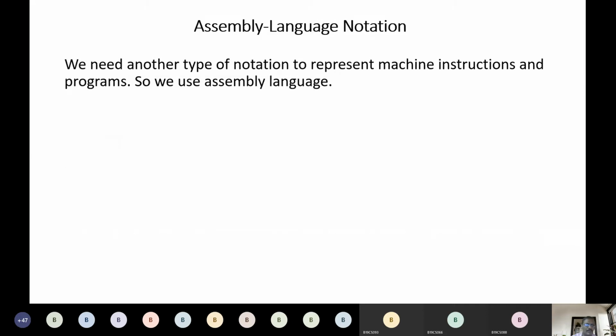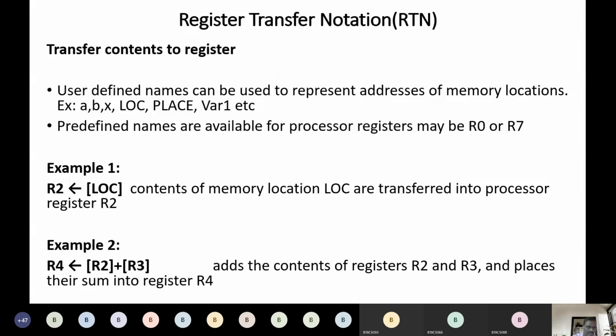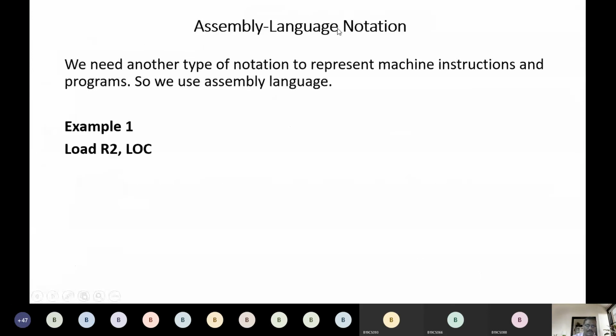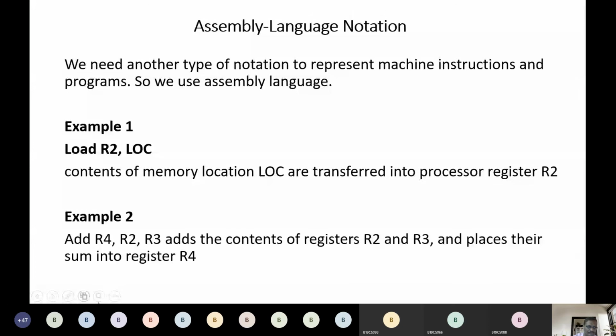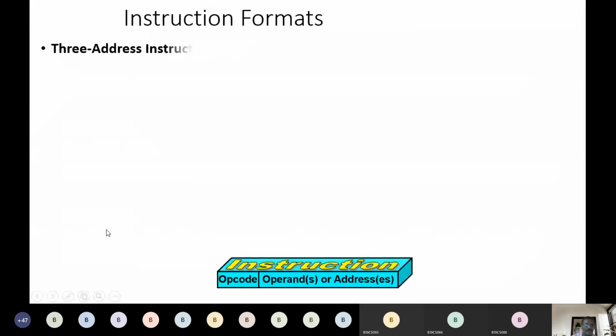We did this in the previous notation also: R2 and R3 are added and stored in R4 in register transfer notation. But in assembly language notation, this is the statement we use. Add is the mnemonic we use. Another mnemonic you can see is Load. So Add R4, R2, R3: R2 and R3 are added and stored in R4.